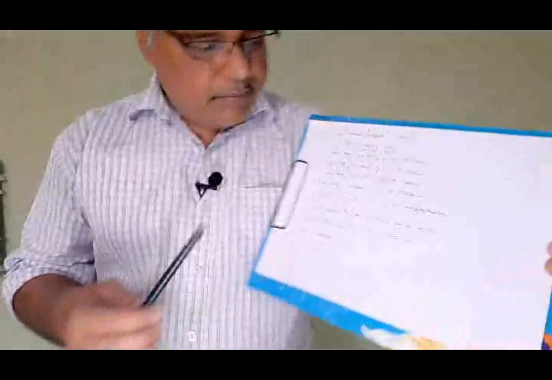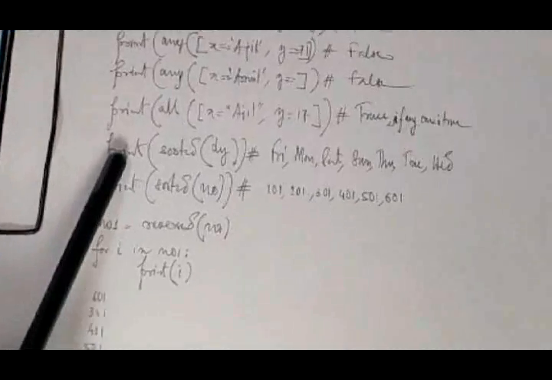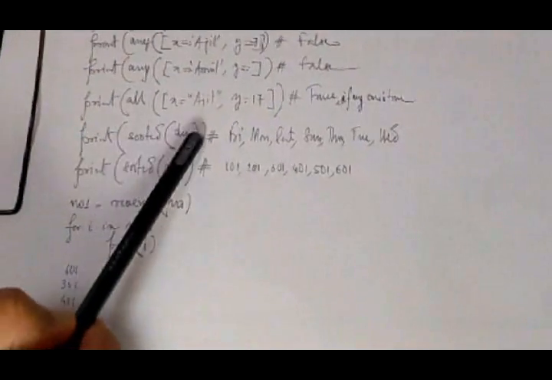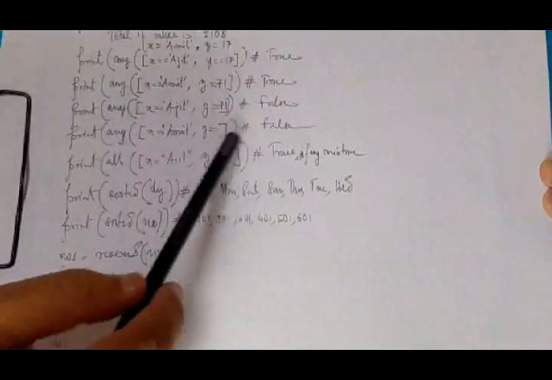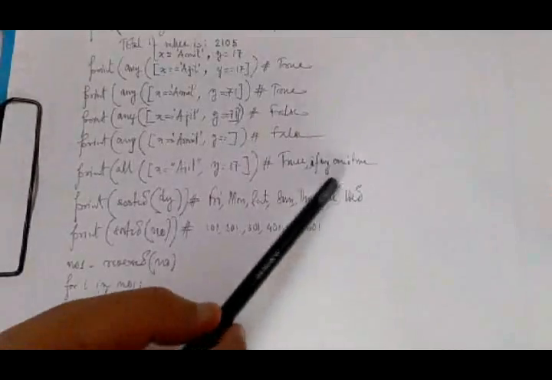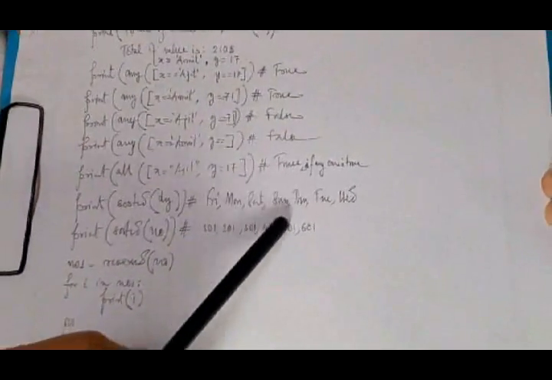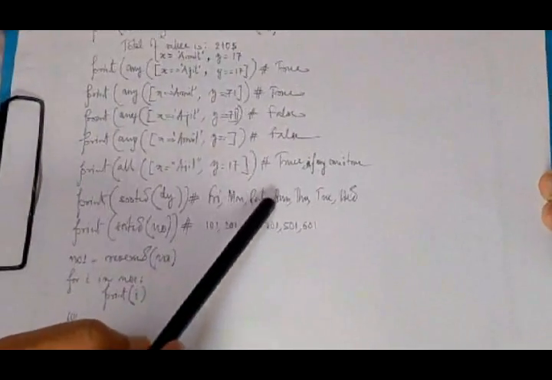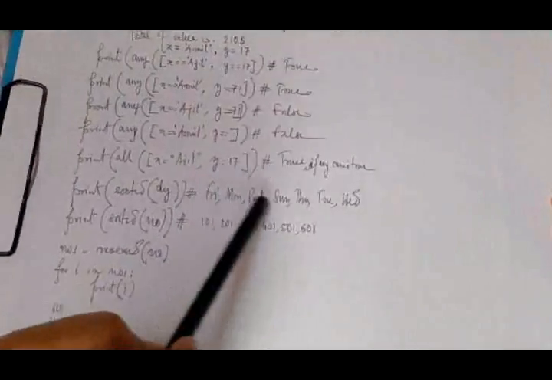See, print sorted DY. So if it prints, the values will be printed in alphabetical order. So Friday, Monday, Saturday. If the first two characters are the same, the next characters will be compared, and the values are printed in ascending order.